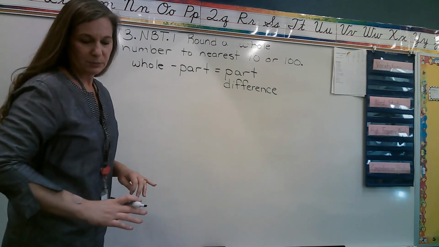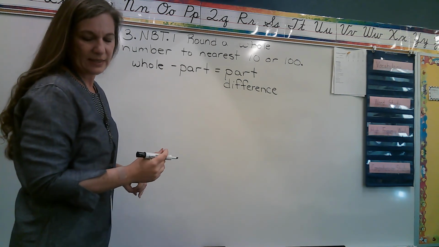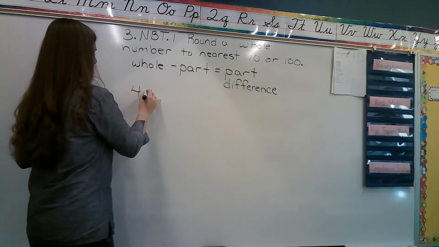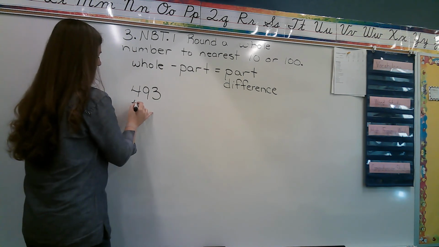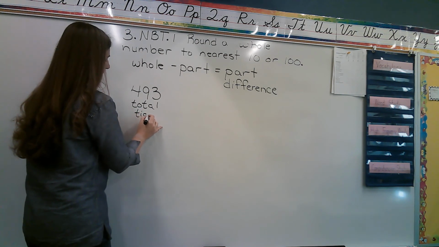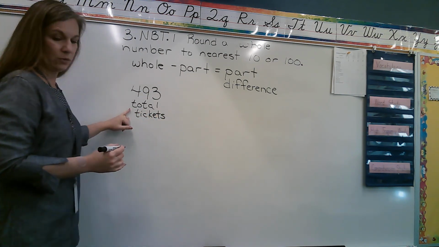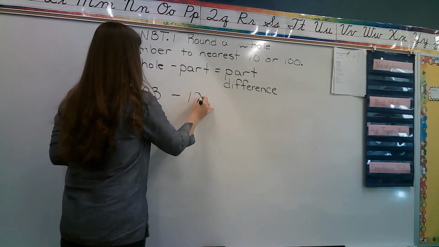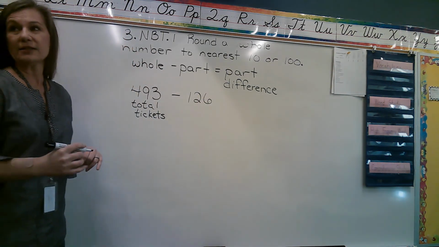So in this particular case, there were 493 tickets sold, and if you look at the picture, that's where I'm getting that information from. It says 493 total tickets. And from those total tickets, I want to subtract 126 of those total tickets.